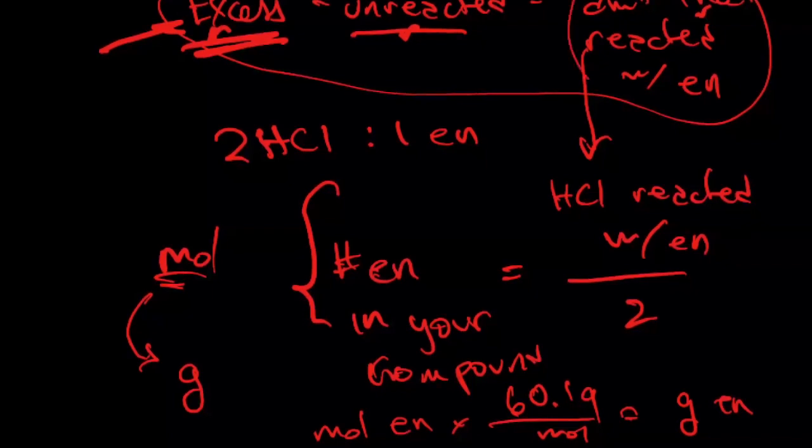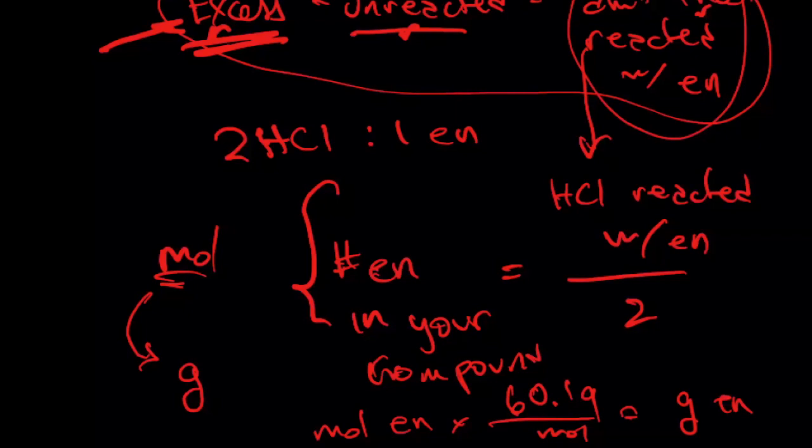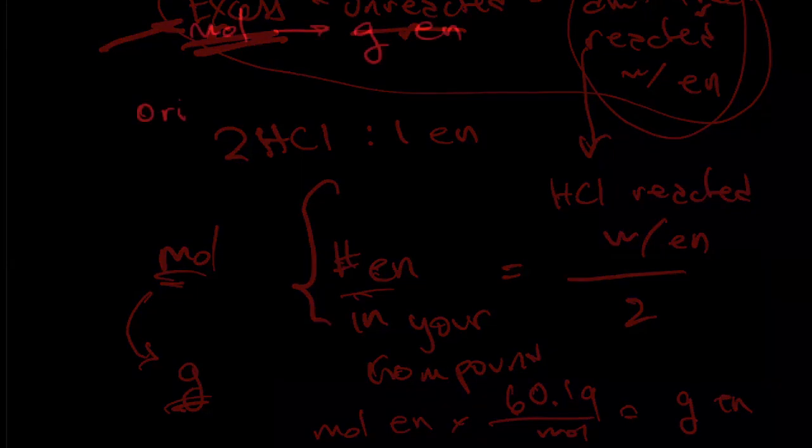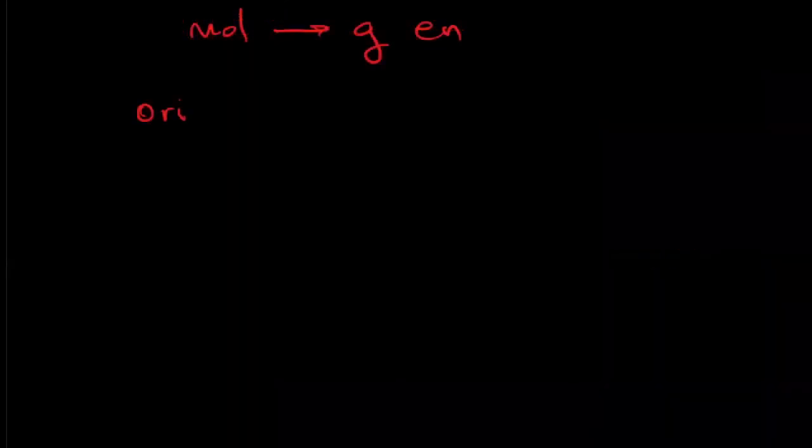That's this right here. These are all mole values. And if you divide that by 2, then you have the moles of ethylene diamine. You can convert that to grams of ethylene diamine using the molar mass. And then what you want is the mass for the analysis.